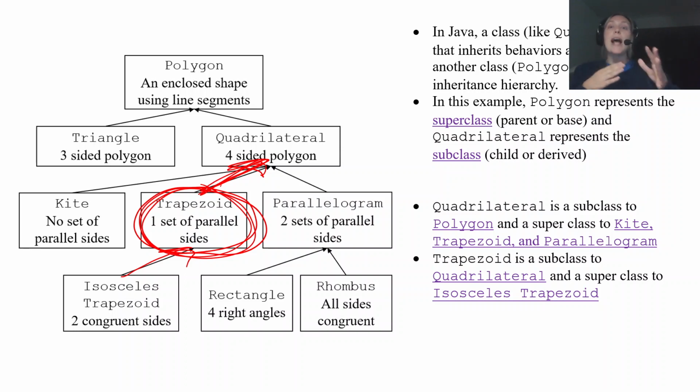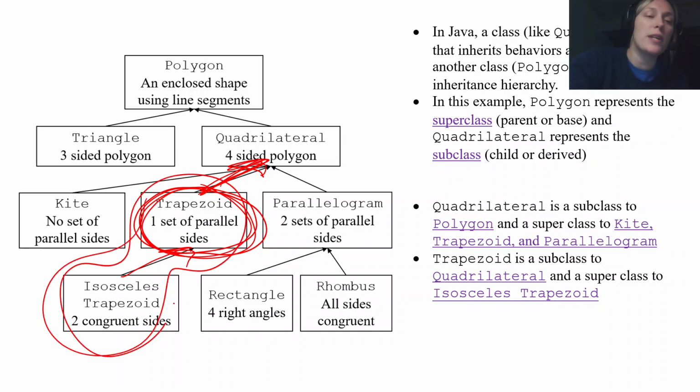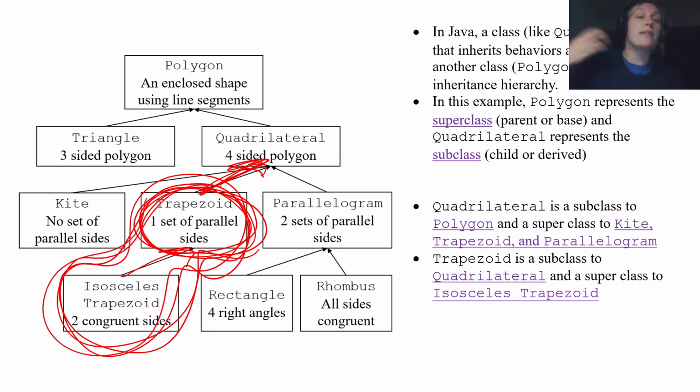The superclass subclass relationship happens between two classes. So with trapezoid and isosceles, trapezoid is the super, isosceles is the sub. Okay. So when we talk about super sub, it's between two classes in our hierarchy.